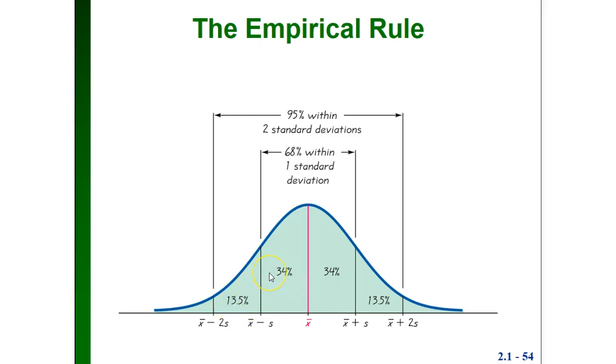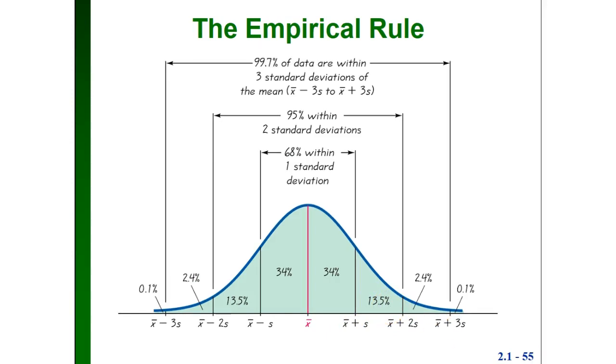So if this was 34% and this entire region is 95%, then actually the percentages in this region and this region are both 13.5%. If we go out three standard deviations, then we end up with 99.7% of the data. So the percentage in this region right here is 2.4%, and in this region is 2.4%.